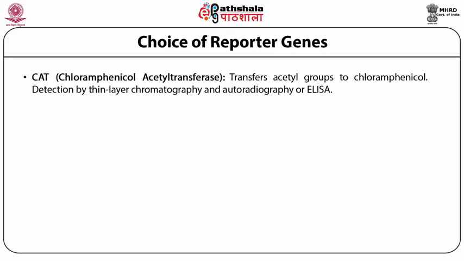This enzyme activity can be detected by thin layer chromatography or autoradiography when you are using radioactive compounds, or by ELISA, the enzymatic reaction. This activity of the CAT gene can be visualized.